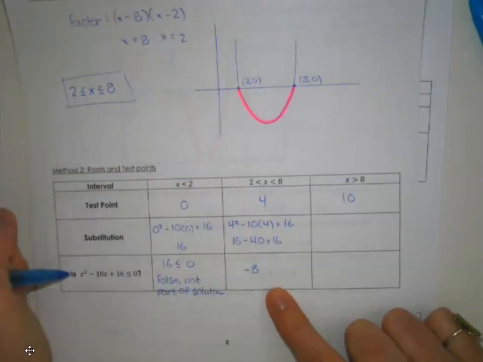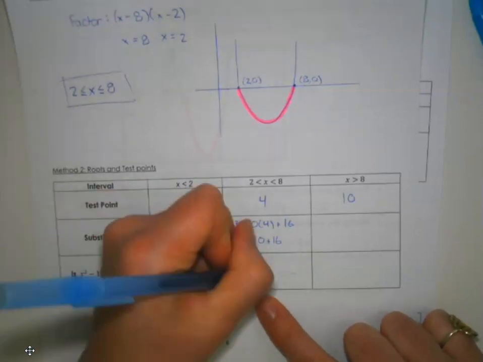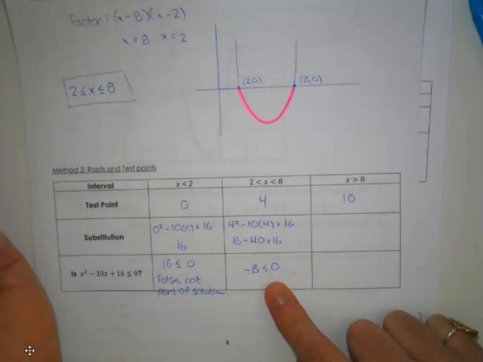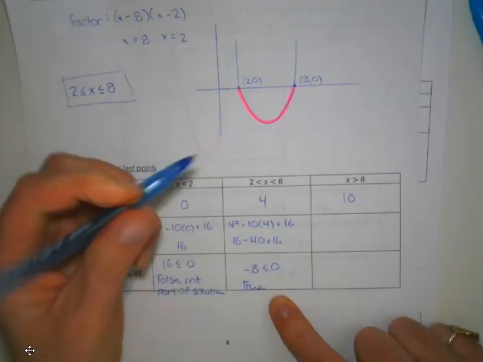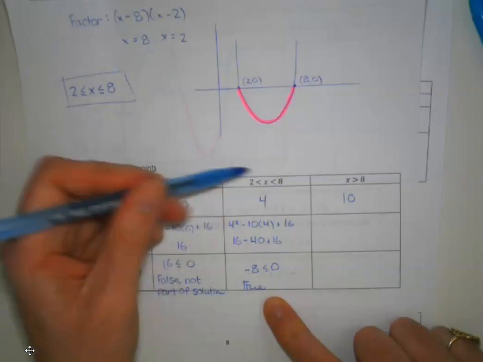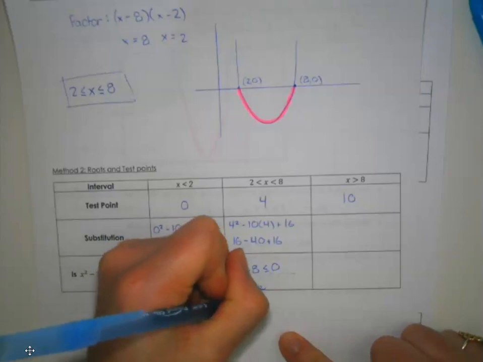Again, is negative 8 less than or equal to 0? Well, it is less than, so we would say that this is true. So we know the part of the graph that falls between 2 and 8 is part of the solution area.